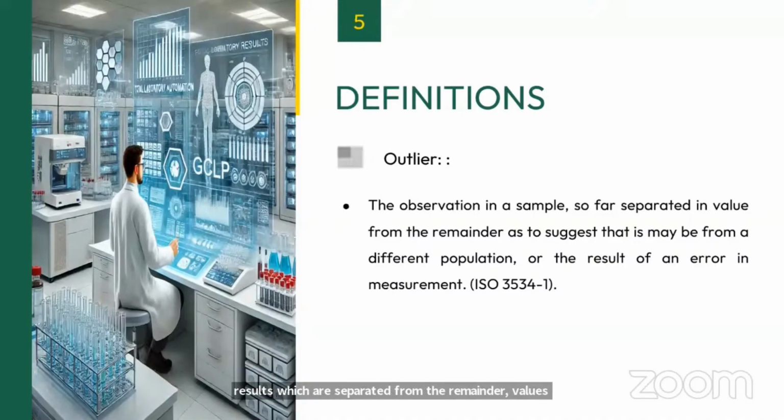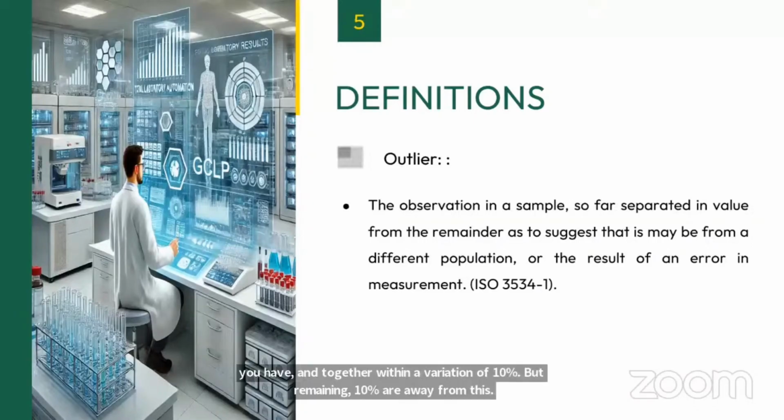Maybe you have hundreds of values, and 90 of them are well aligned and fall more or less together within a variation of 10%, but the remaining 10 are away from this group. Those 10 will be called outliers.